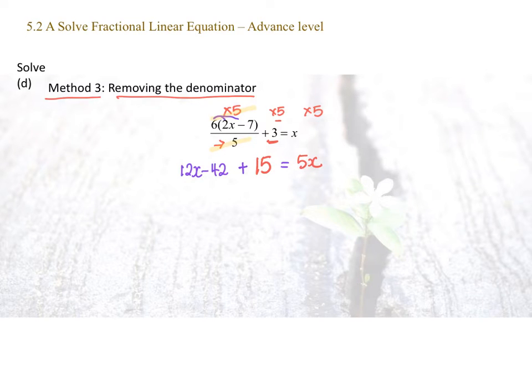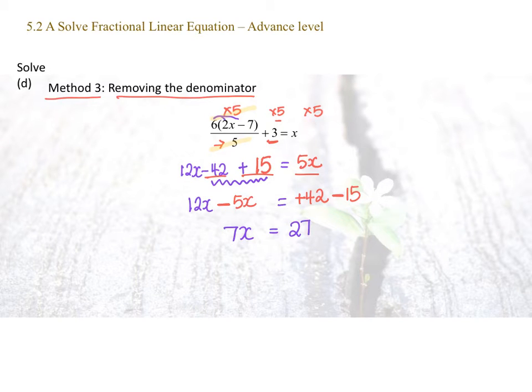Now this is one linear equation, so we are going to rearrange the terms. So I'll get 12x to be with negative 5x, and all the constant terms will now migrate over to the other side. This is negative 42, so when you migrate over, it becomes plus 42. And adding 15, when we migrate over, it becomes minus 15.